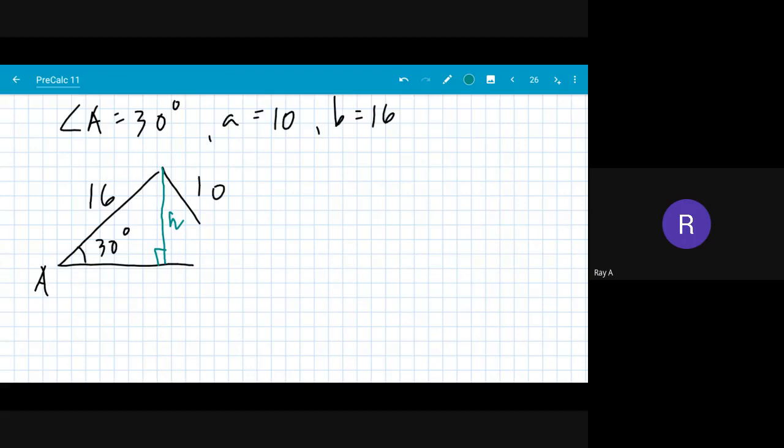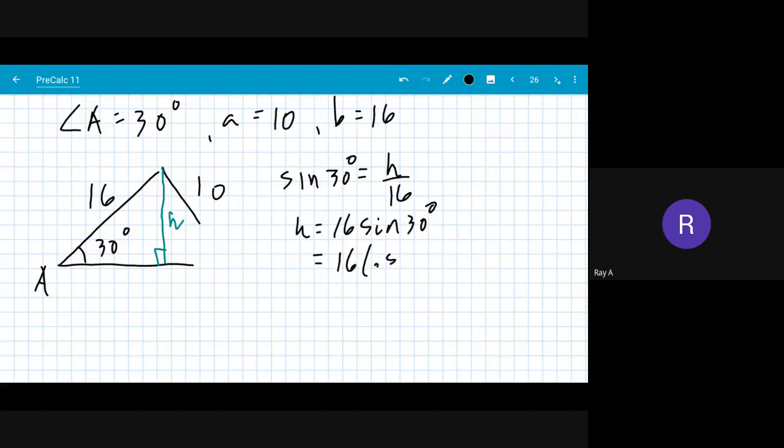Now that H can be computed by sine 30 degrees equals H over 16, or H is equal to 16 sine 30 degrees, or H is equal to 16 times 0.5, sine of 30 degrees is 0.5, and that is 8.